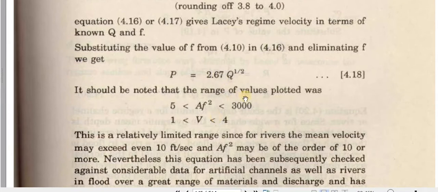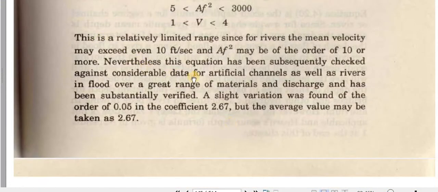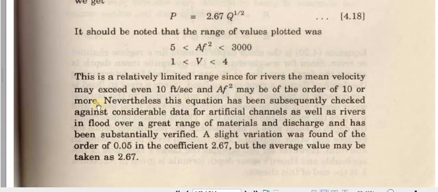The range of values of Q should be from 5 to 3000, and velocity 1 to 4 feet per second. So it is a limited range, since for rivers the mean velocity may even exceed 10 feet per second, and A f squared may be of the order of 10 or more. This equation has been successfully checked against considerable data.